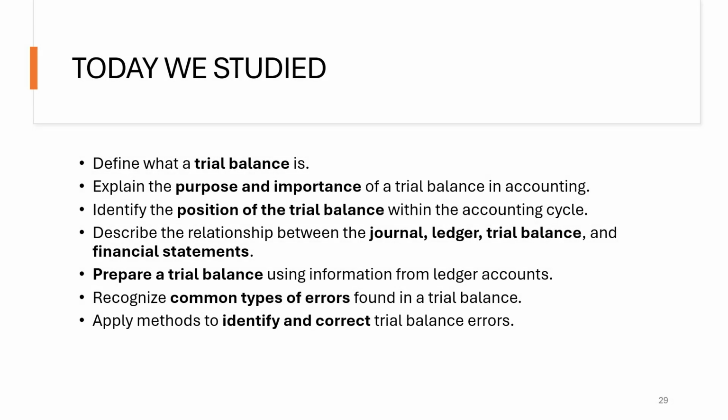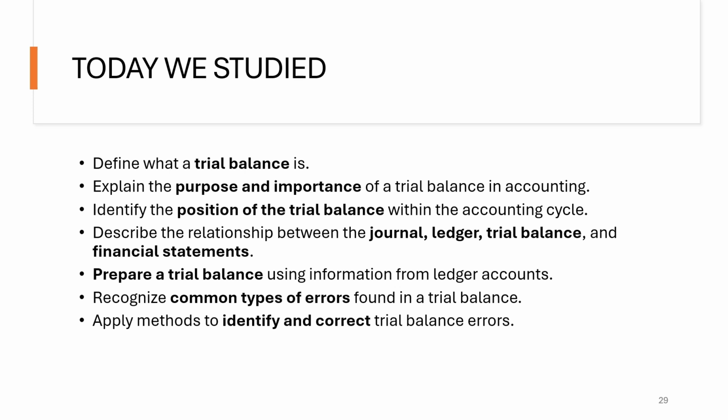So, to summarize what we studied today, we studied how to define what a trial balance is and explain the purpose and importance of a trial balance, identify the position of the trial balance within the accounting cycle, which is the fourth step in bookkeeping, and describe the relationship of the journal, ledger, trial balance, and final financial statements.